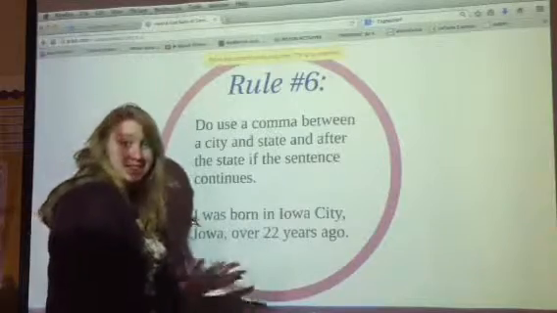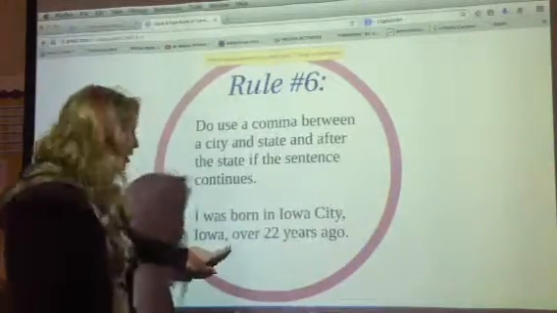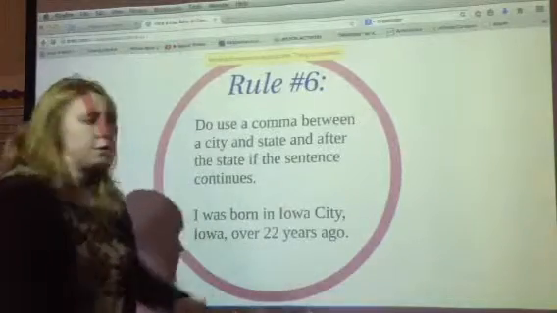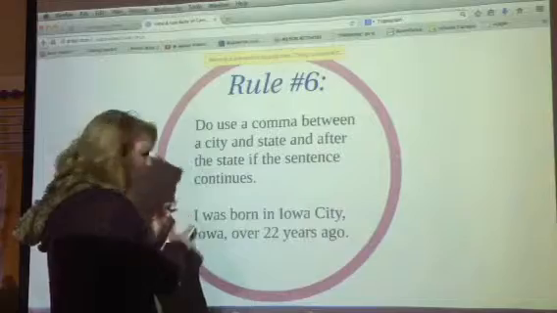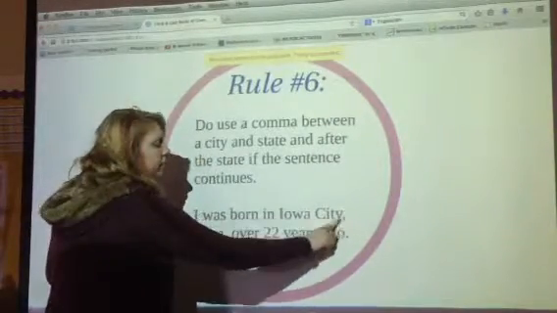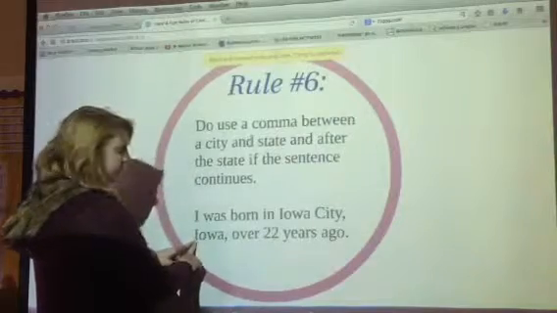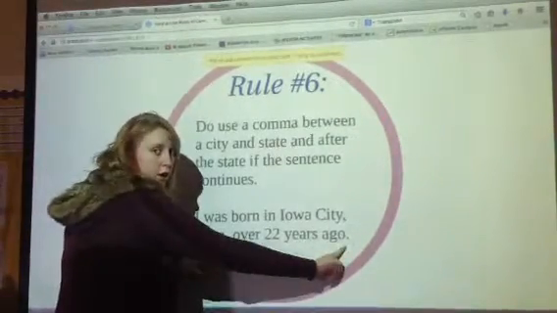And then my sentence is continuing, so I need to put that other comma right after Iowa, after my state. Okay, so that one's kind of complicated. I'm going to go through that example again. I was born in Iowa City, so that's my city, so I need a comma. Then my state, Iowa, I need another comma because my sentence is going on.